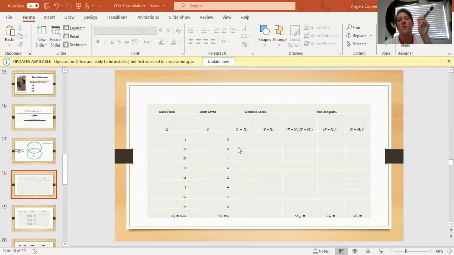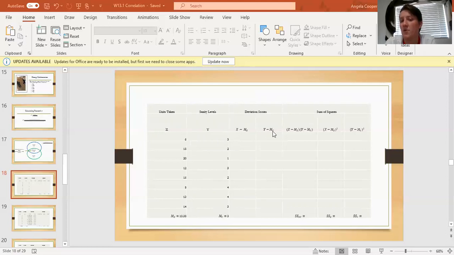Okay, so for the deviation scores, we take each individual X value, so 6 minus the mean of X, which is 13.38. For this column, we're doing 6 minus 13.38, 18 minus 13.38. Again, each individual score for the units taken, X, has 13.38 subtracted from it.